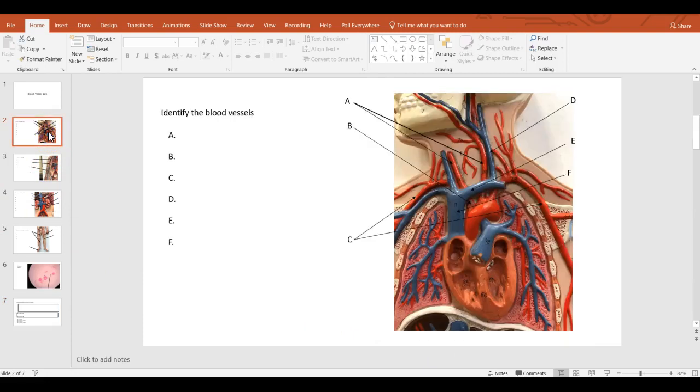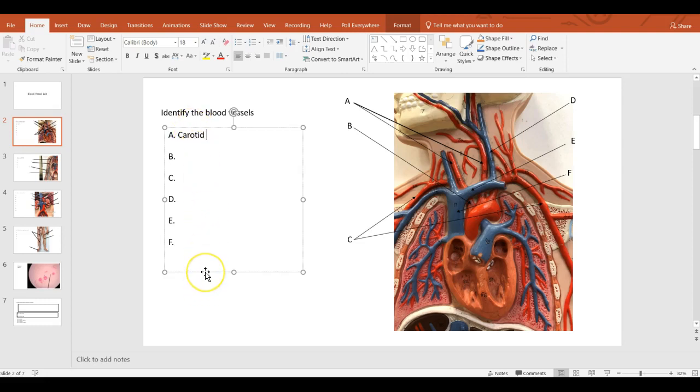So hopefully you have PowerPoint on your computer at home, so you can just come in here and fill this out. I'll do one for you. Carotid. A is the common carotid.